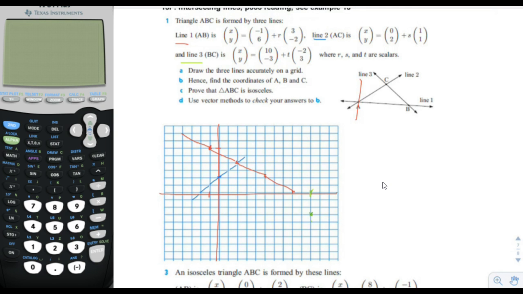And then the slope is, let's see, -2 units of x, and then 3 units of y. Is that right? -2 units of x and 3 units. Okay, yeah.